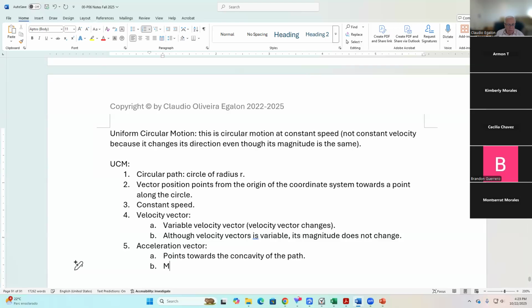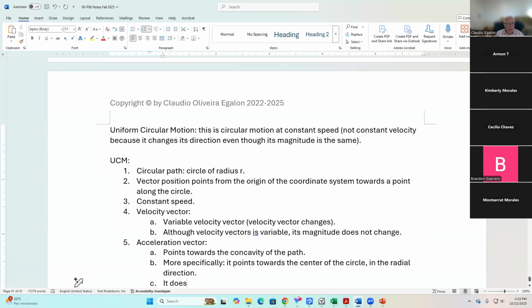More specifically, it points towards the center of the circle, in the radial direction.